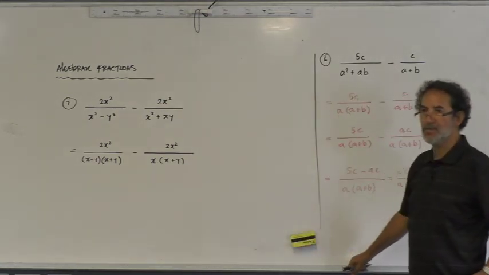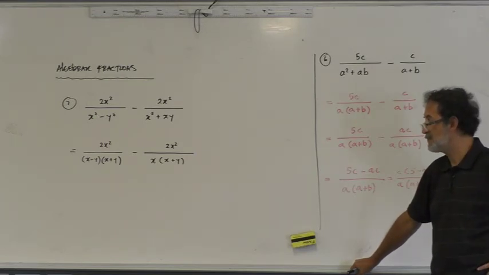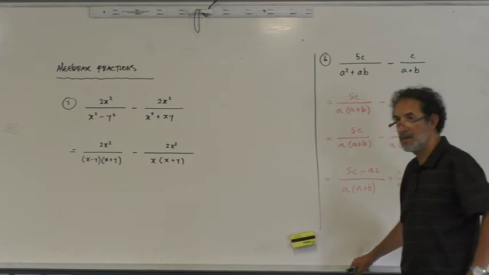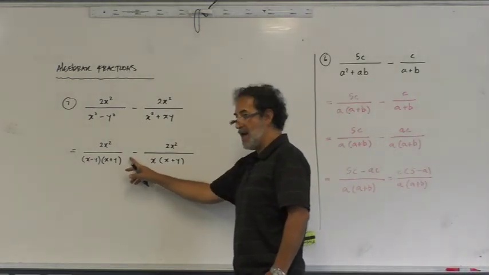Okay, can anybody tell me what we need to do? Do we need to multiply the second fraction by negative y? No, but it's okay. Okay, so he's thinking. I'm just saying, the second fraction by x minus y and the first fraction by x.